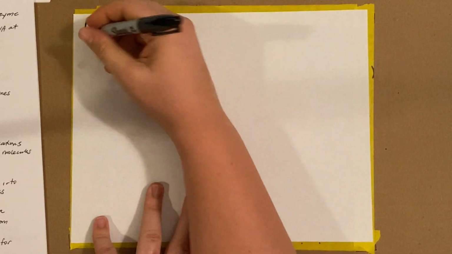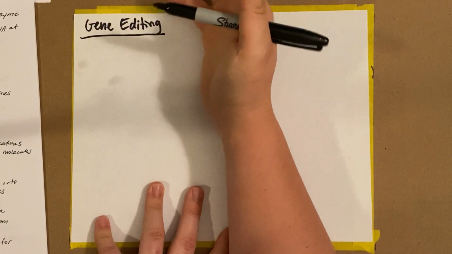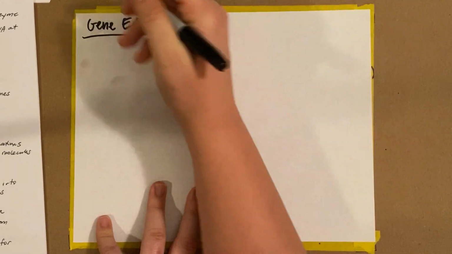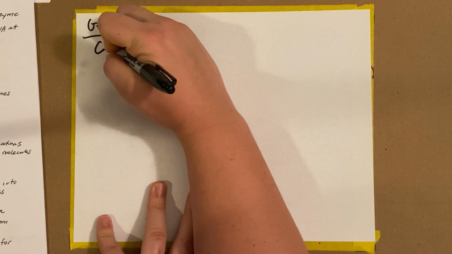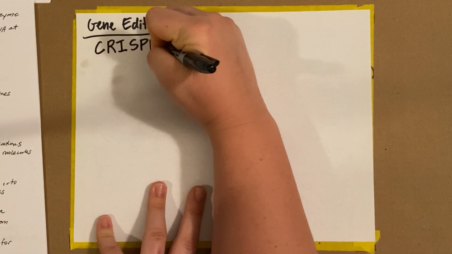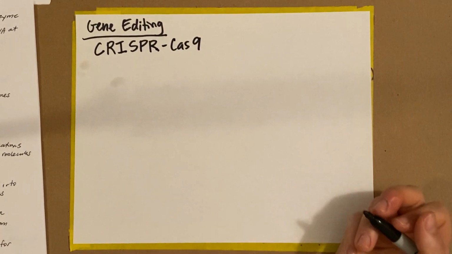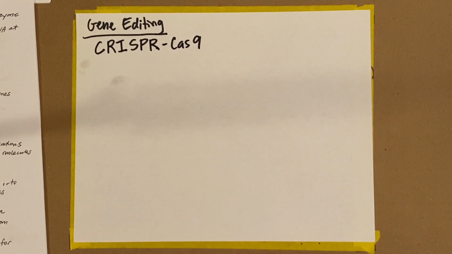One of the biggest, which you've probably heard about on the news, is a system called CRISPR-Cas9. This is a system of gene editing.